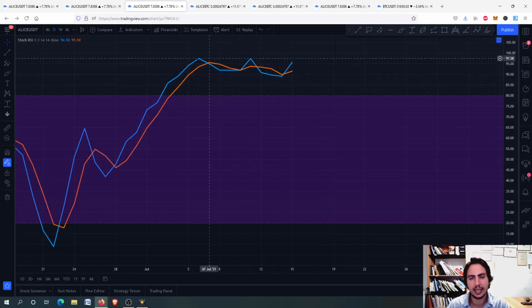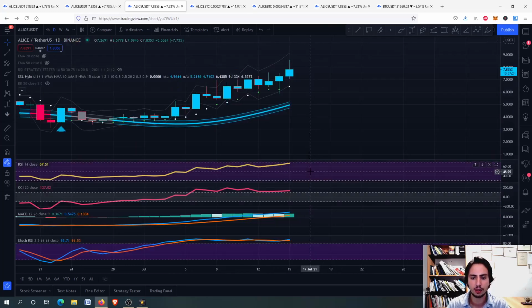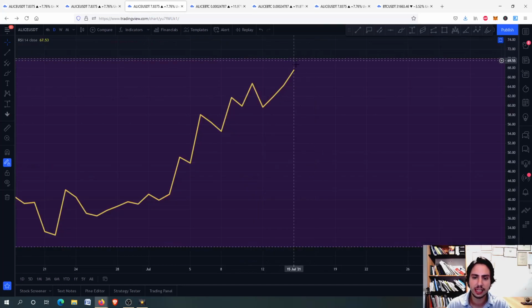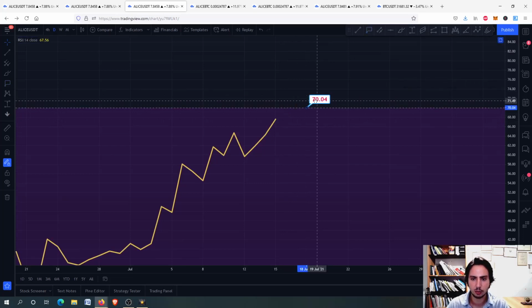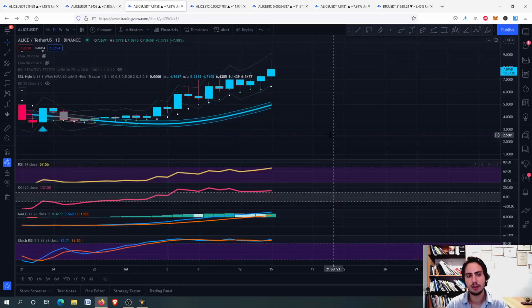And of course, we have a very strong overbought situation when we are above this purple area right here for the commodity channel index, the stochastic RSI, and the RSI. Right now, the RSI is a little bit below the 70. This is the top for the RSI, the 70, right around there. Once we pass this number, then we are in an overbought situation, which means we have a very high risk.